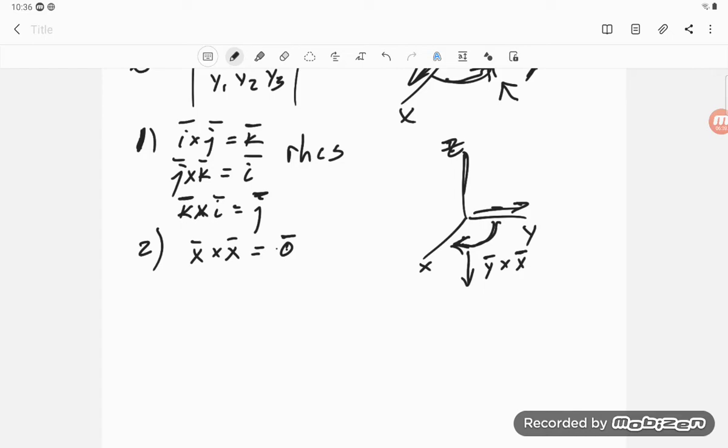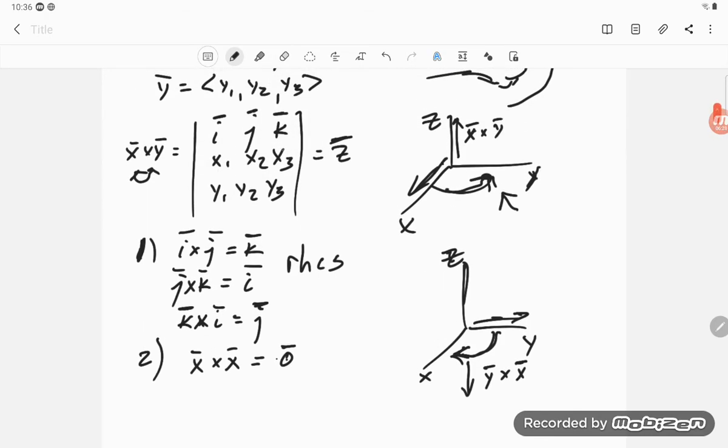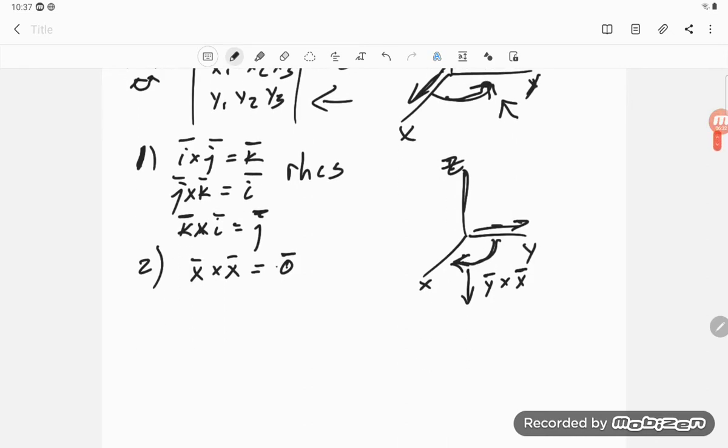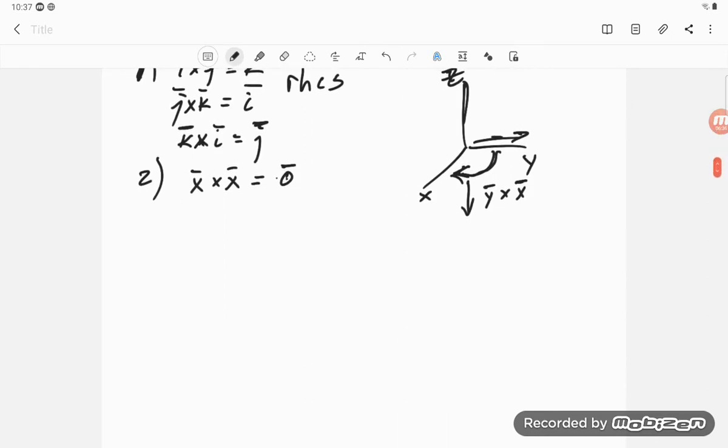But in this case, the way we've defined this cross product in terms of a determinant like this up here, well, if we have 2 rows of a matrix that are the same, we should get a 0 for a determinant, and so we'll take the 0 vector as our answer here.